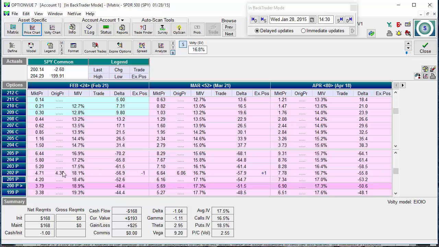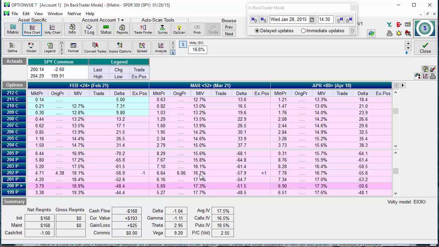But what I want you to notice is volatility on these increased. Remember, it was at 16 when we started. Well, now it's 18. So what we sold for 438, we're having to buy back at an elevated price for 471. But where we're making our profits is the ones that we purchased for 606. Those also increased in volatility.